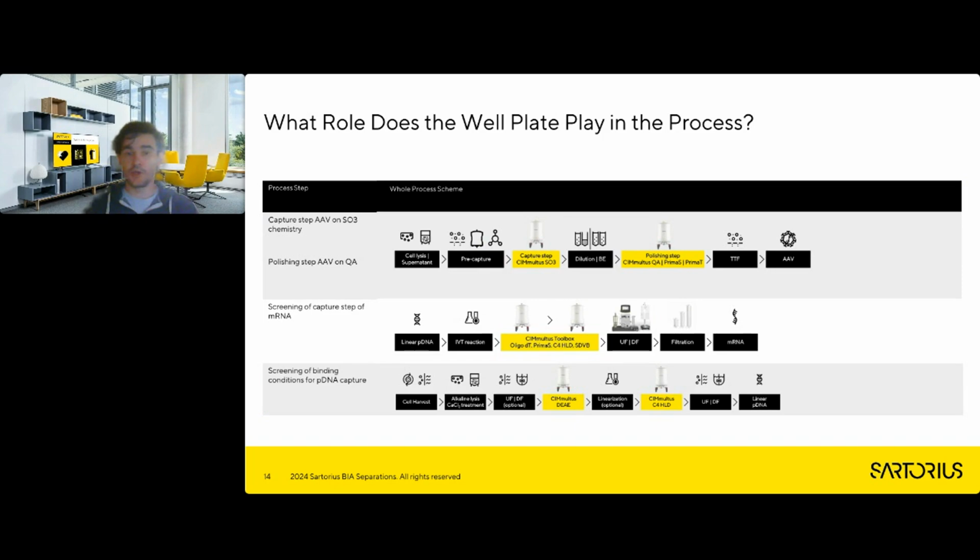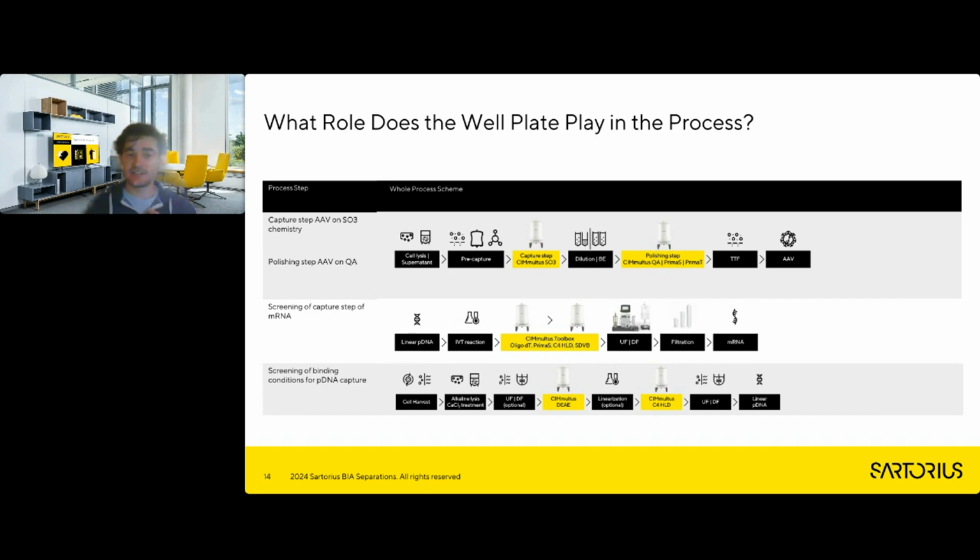So where would we use our SIM monolithic plates? We would use them everywhere in our process where chromatography is used as a purification step. For AAV, we can use it as a capture step with the SO3 chemistry. Later in the process, we have a polishing step on the QA.